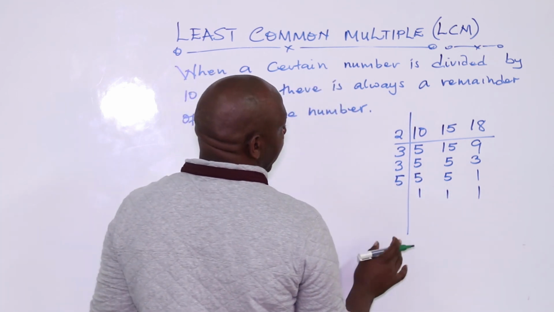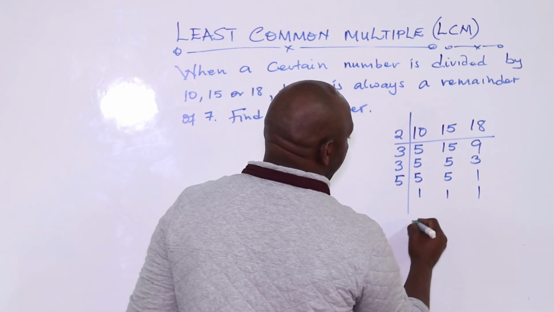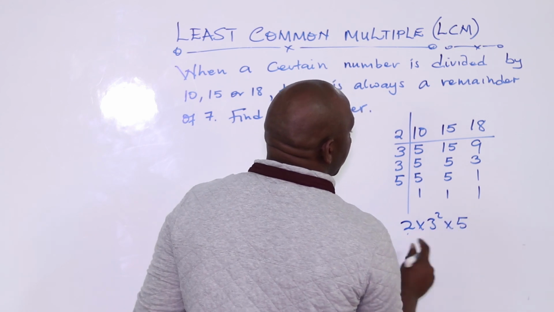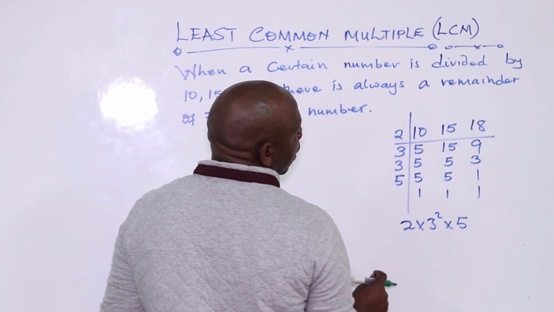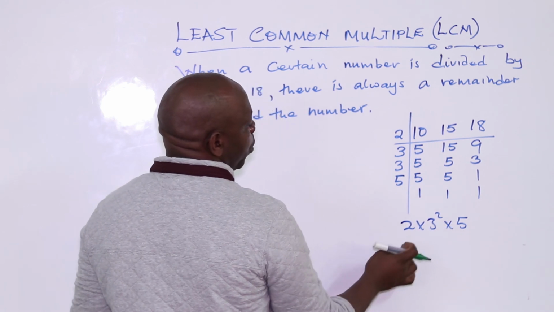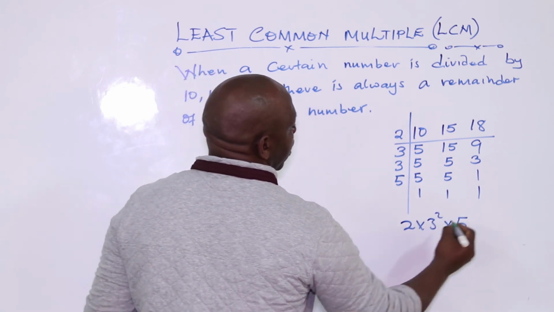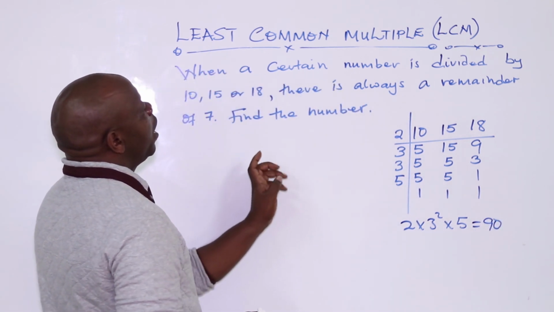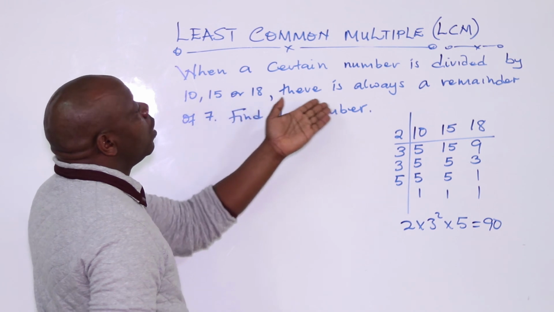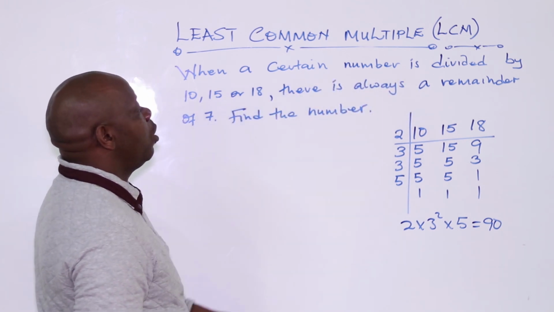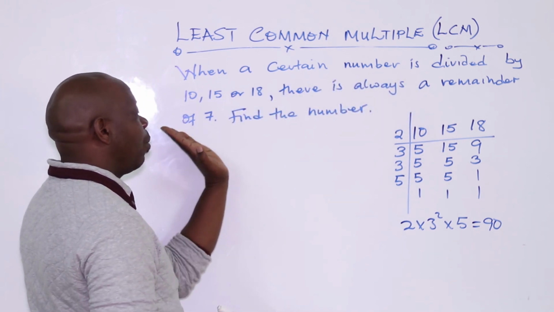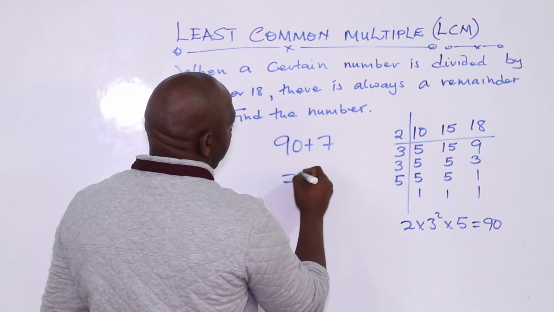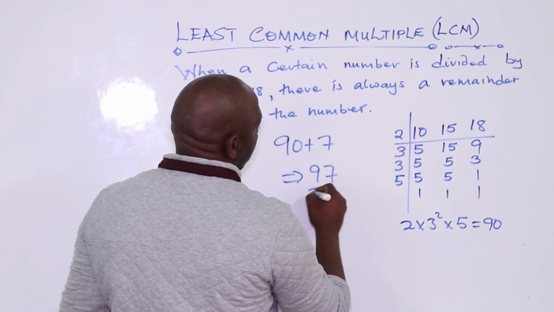And therefore, the LCM is 2 times 3 squared times 5, that is 10 times 9, which is 90. And therefore, the number that, when divided by 10, 15, or 18, gives a remainder of 7 is 90 plus 7, which is 97. That is the answer.